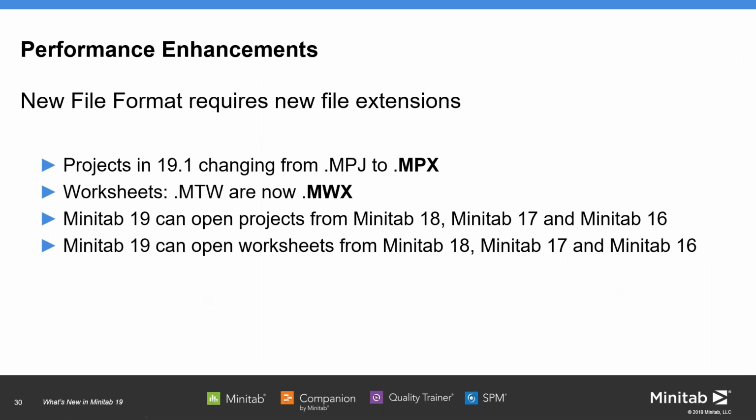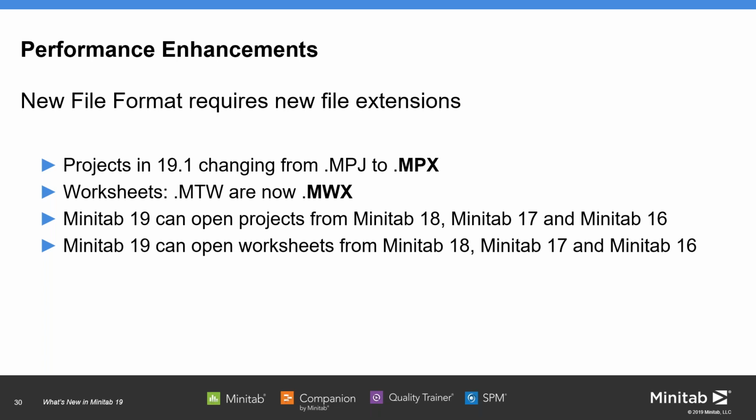We made some performance enhancements, and before I get into a lot of those, just some general housekeeping: the file extension has changed from Release 19 going forward. Projects in 19 now have an .mpx extension. Previously they had .mpj, and maybe you never even noticed that, but now we use .mpx. The file type has changed because of the differences in the interface.